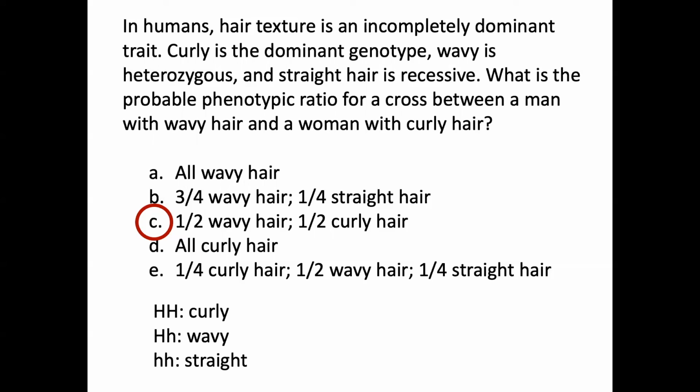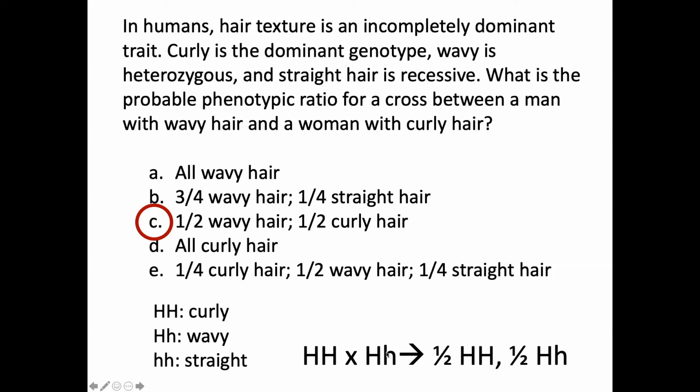See here, I'll use this big H as the letter for the hair texture gene, okay? Based on the information given in this question, here is a simple summary. The big HH is curly, the heterozygous is wavy, and the homozygous small h is straight, right? Then the question is asking about the cross of HH and big H small h.